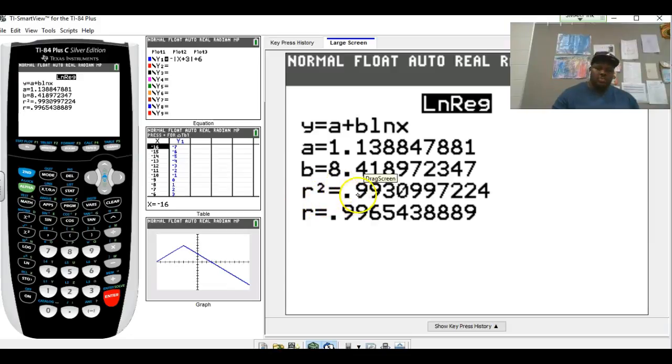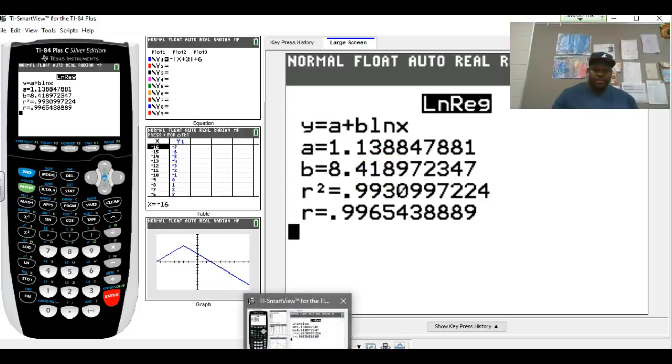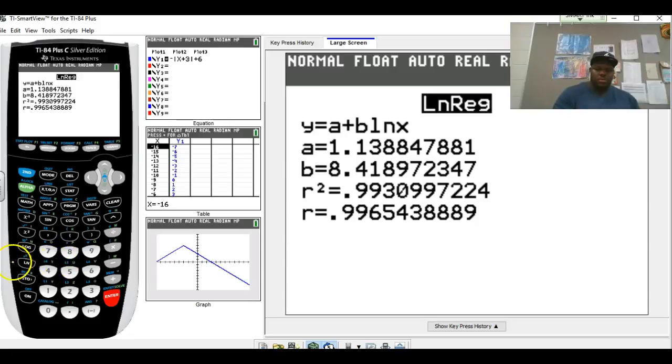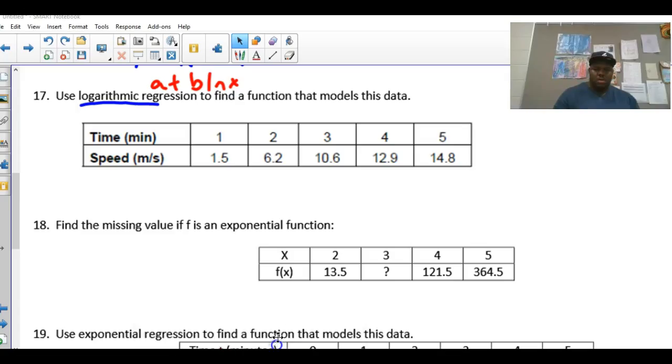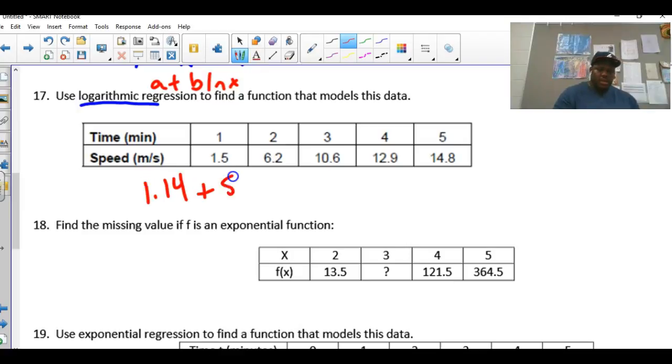I know R squared is 0.99 here, but guys, again, it told us it was a logarithmic regression. So 1.14 and 8.42. So the equation again is 1.14 plus 8.42 ln of x. So again, we made our model. We just made an equation, okay?